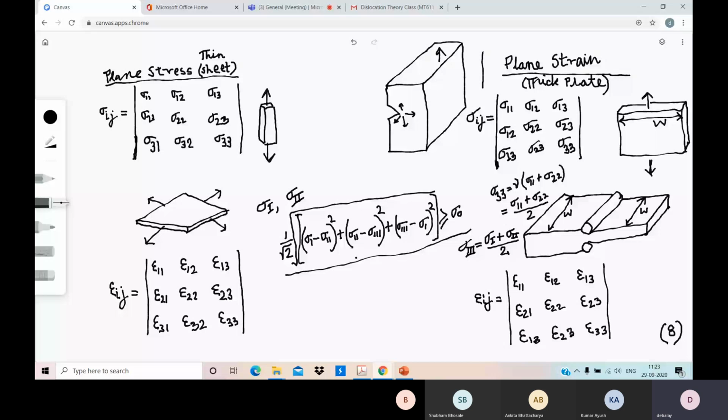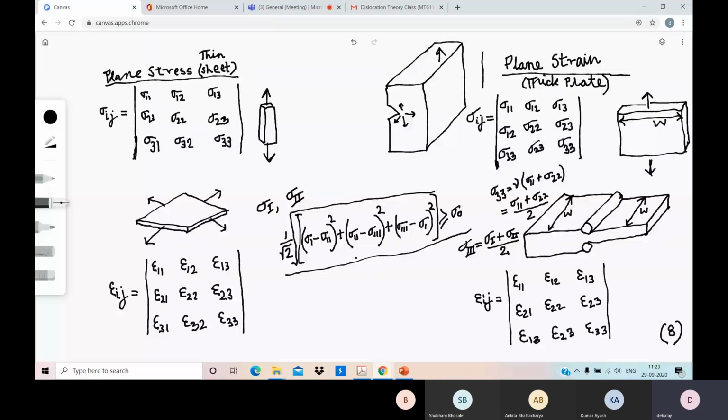But if it happens that there are positive stresses acting along direction 2 and direction 3, then the specimen will not be squeezed in that way and it will be resisted.